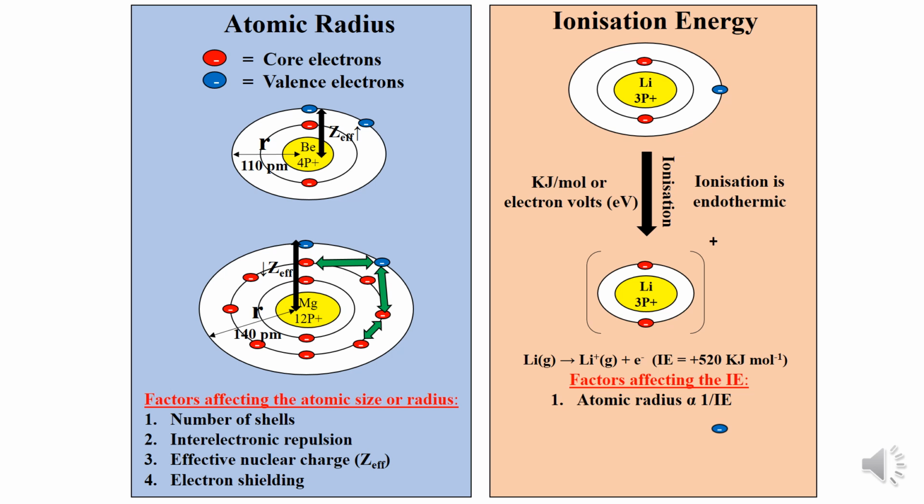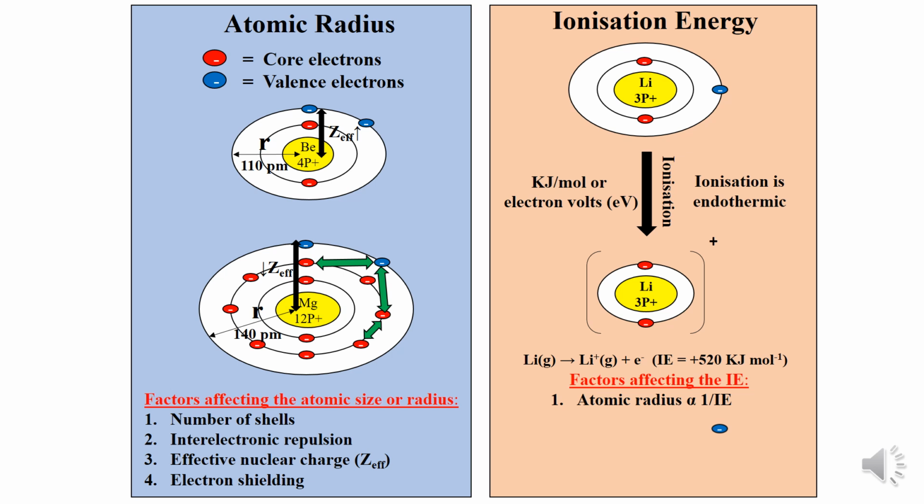What are the factors affecting ionization energy? Let me begin with the atomic radius. As the number of shells increases, the distance between the nucleus and the outermost valence electron increases, and this leads to an increase in the atomic radius.